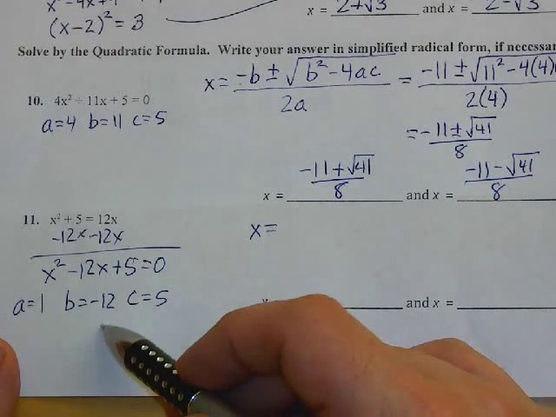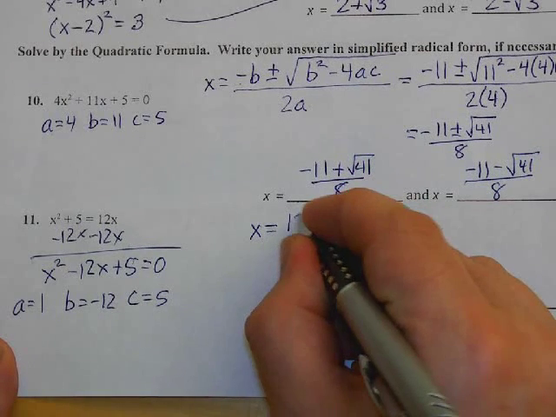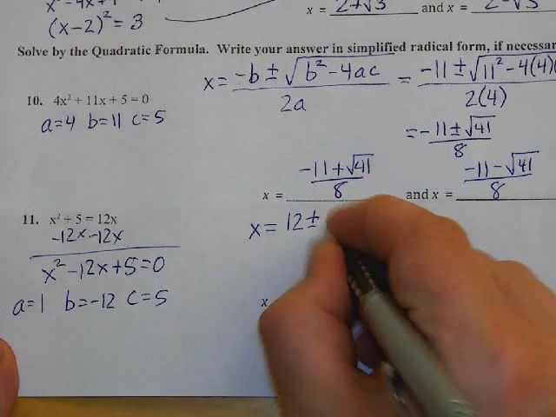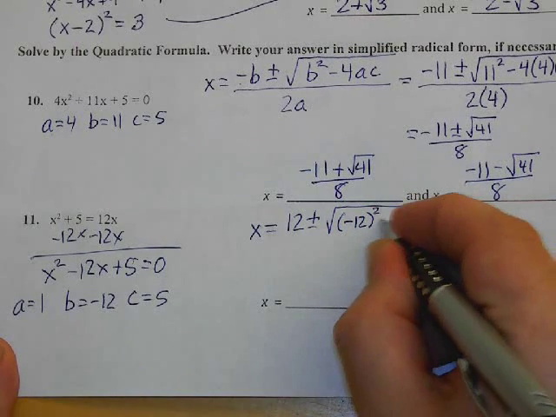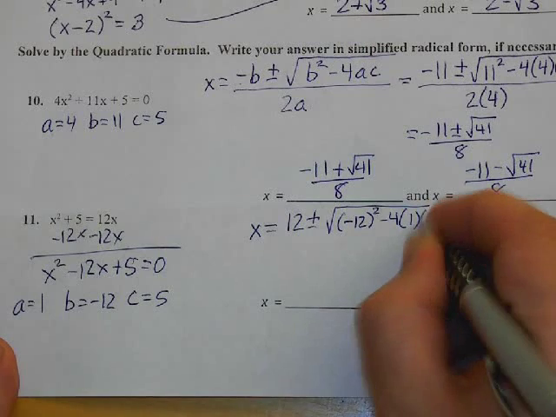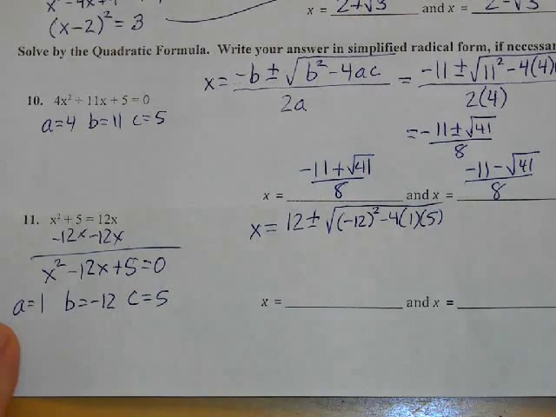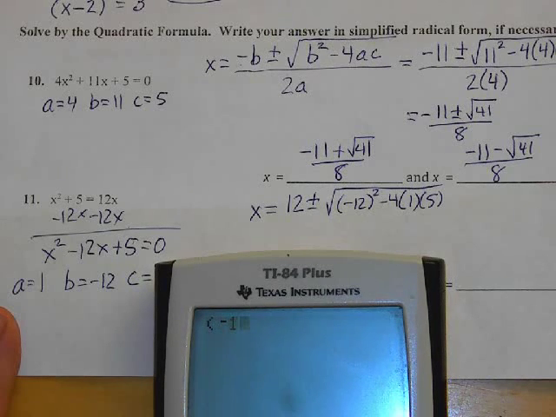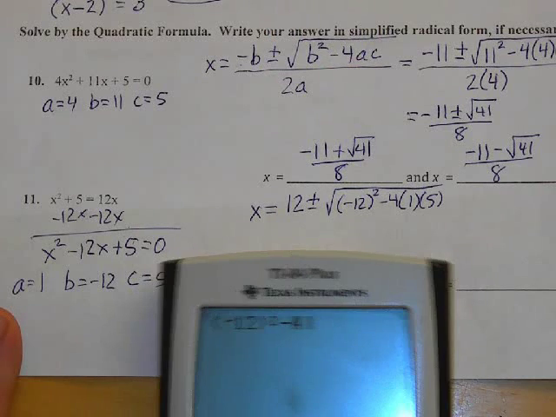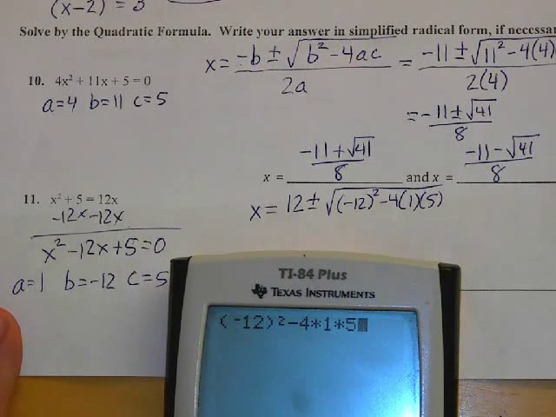Opposite of b, the opposite of negative 12 is positive 12. There's my b squared, minus my 4, my a, and my c. Okay, just a reminder, when you're squaring a negative number, put the negative number inside the parentheses and the exponent on the outside. And we get 124.